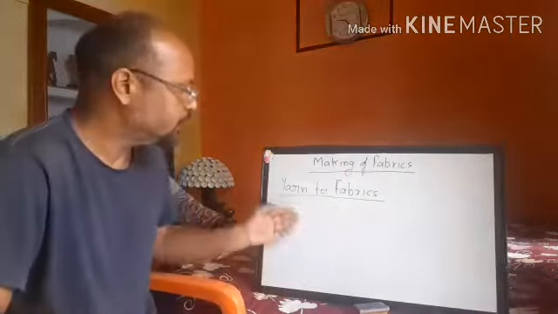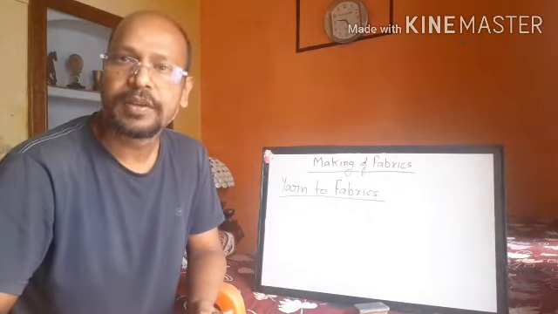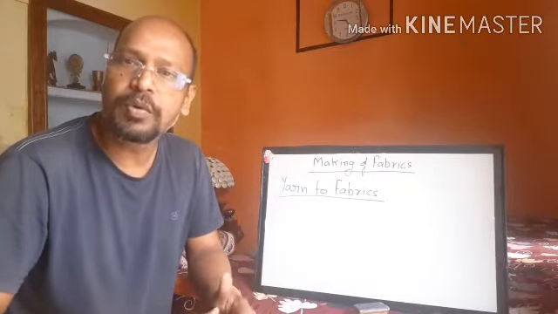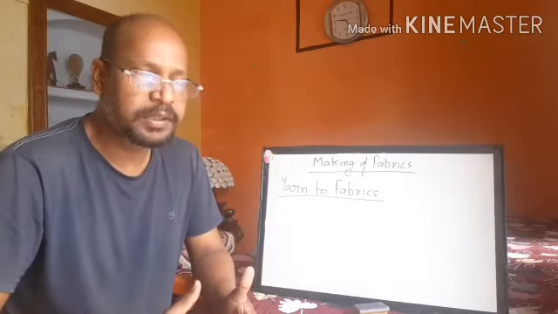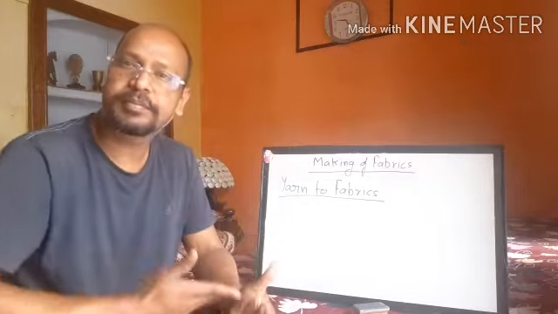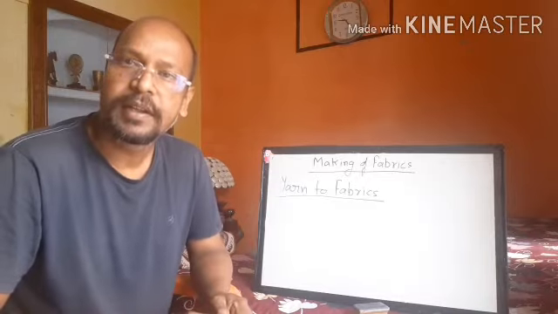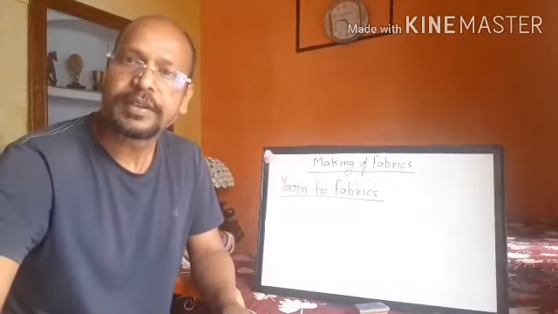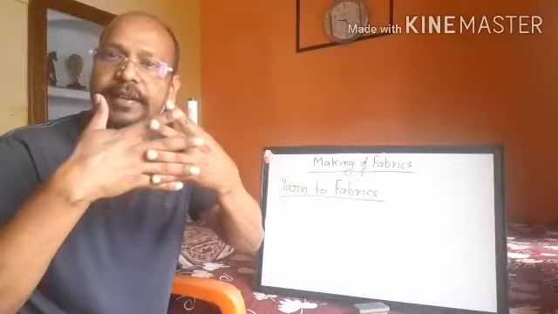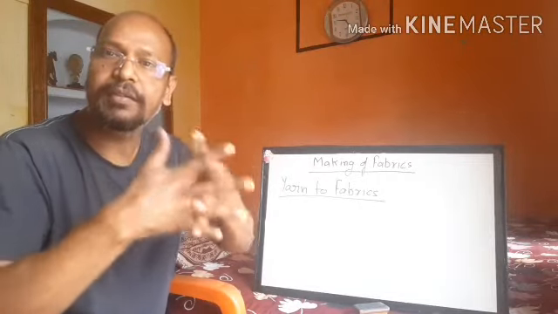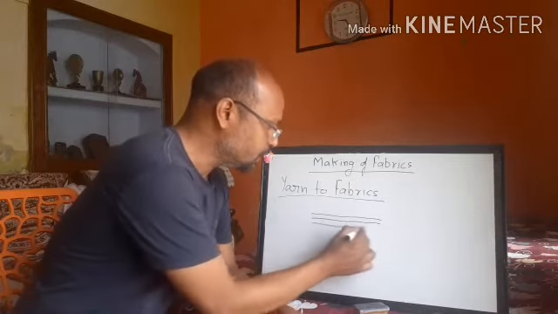The next step is yarn to fabric. When the yarns are formed, we combine two or more yarns together and put them in a pattern. One thread is horizontal, then we add another yarn vertically, one by one. They fasten to each other and form a fabric like that.